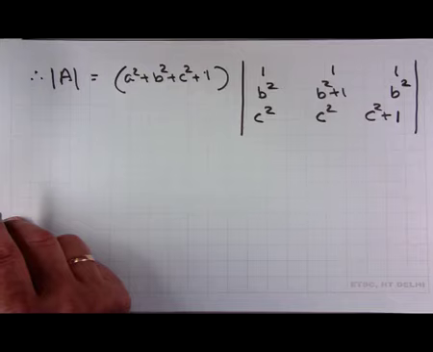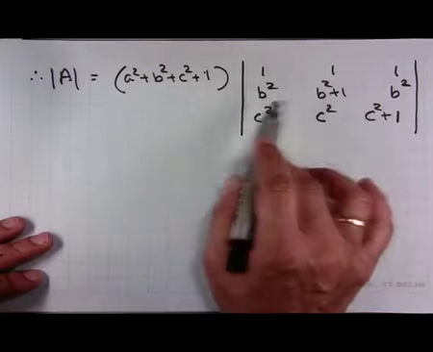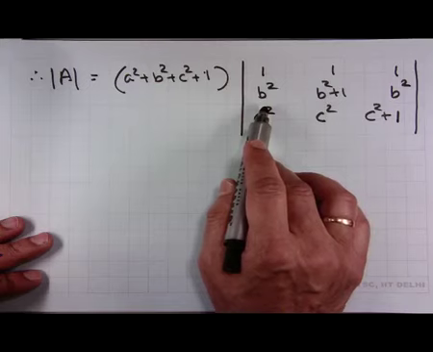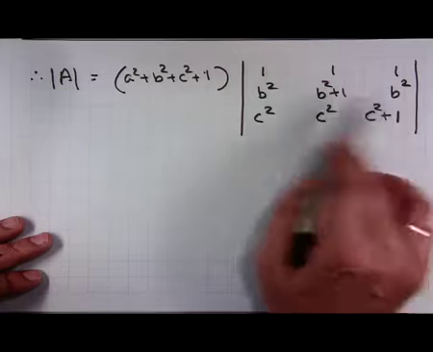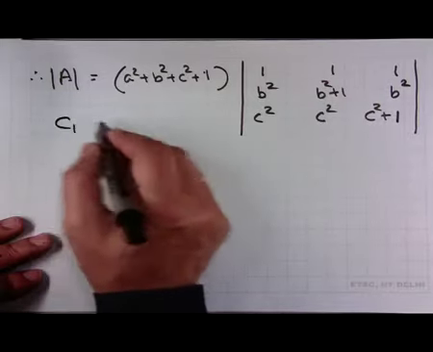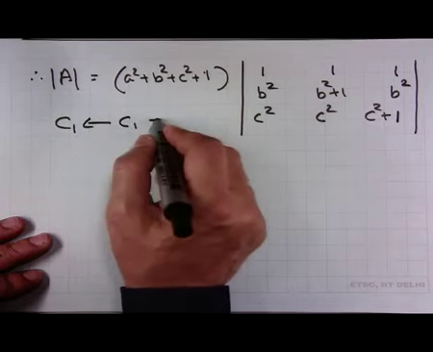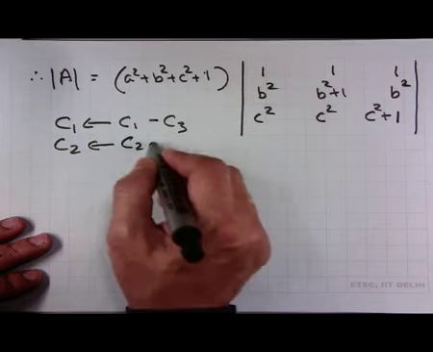Now, let us subtract column 3 from column 1 and also column 3 from column 2. So, we are doing 2 at the same time. C1 goes to C1 minus C3 and C2 goes to C2 minus C3.